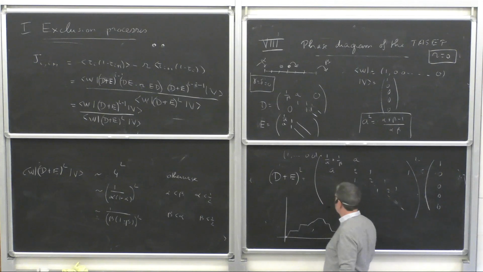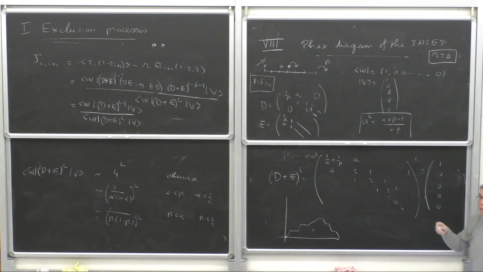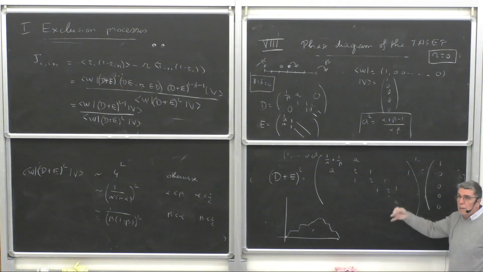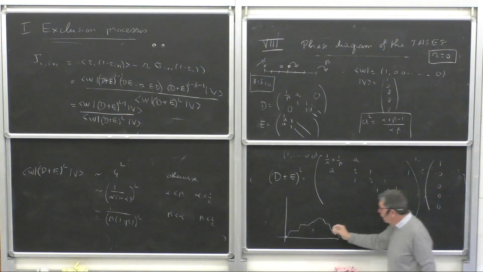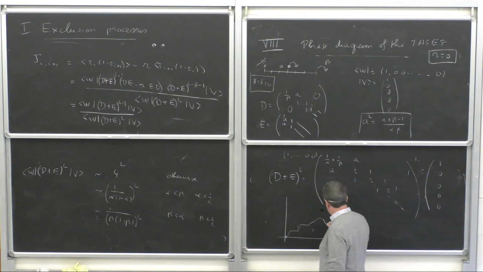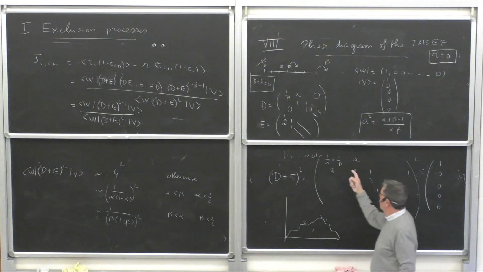When the path goes up, there is a 1. When it goes down, there is a 1. When it is horizontal, there is a 2.